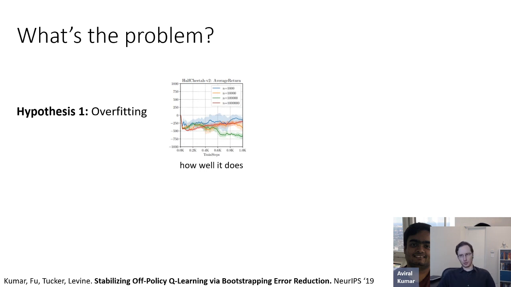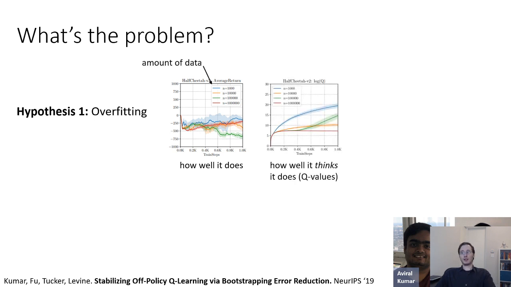So what this plot shows is offline RL performance on the half-cheetah benchmark, and different colors denote different datasets. So blue is 1,000 transitions, and red is 1 million transitions. And you can see that there is virtually no difference between 1,000 and 1 million. So if there is an overfitting effect, it is not the conventional kind of overfitting. It doesn't seem to go away as you add more data.